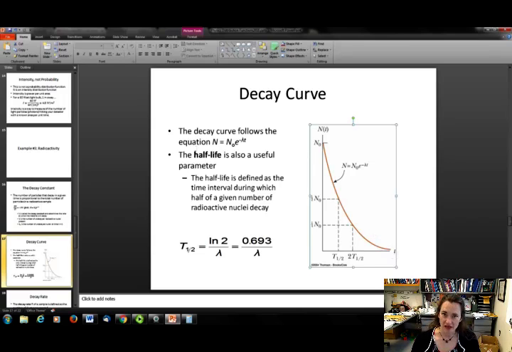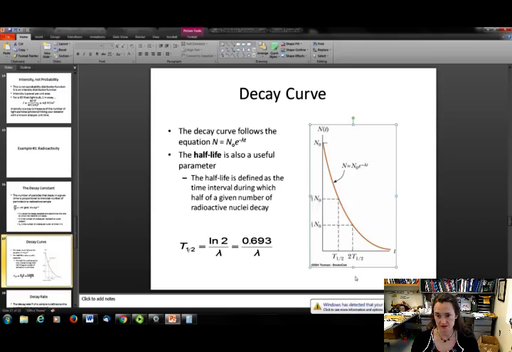Now, the half-life is sometimes quoted for radioactive materials, and the half-life is defined as the time interval during which half of your original sample will decay. Here, for example, it's shown as N naught over 2. That's how many remaining radioactive nuclei you have.